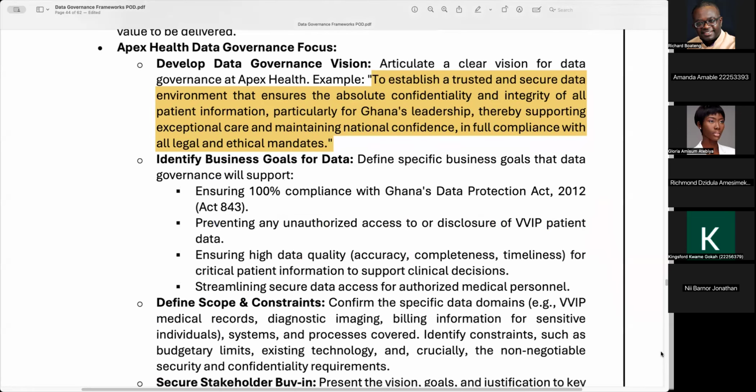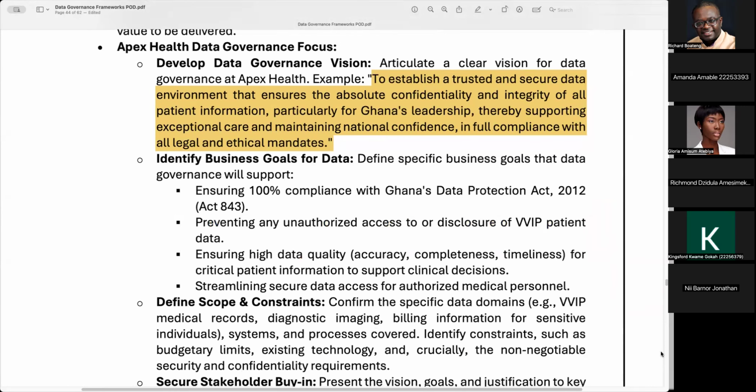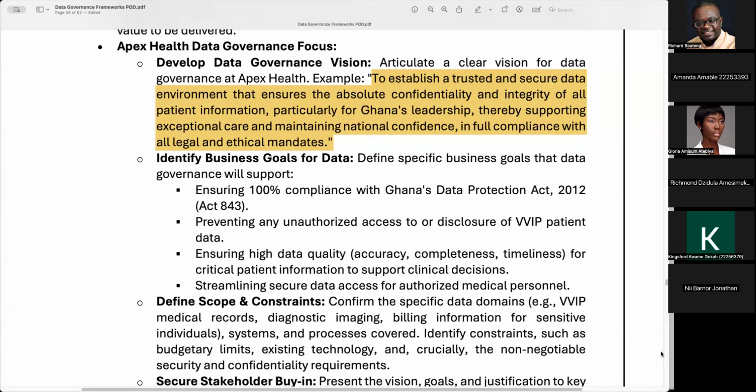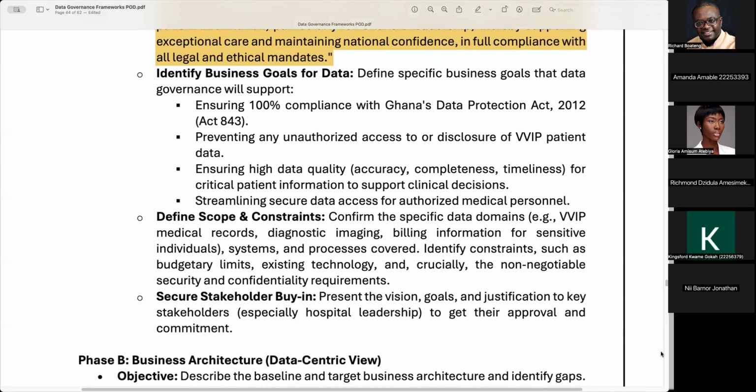They'd identify specific business goals for data that the architecture must support, such as achieving 100% verifiable Act 843 compliance across all systems, preventing any unauthorized VVIP data access or disclosure incidents, ensuring exceptionally high data quality to support critical clinical decisions, and streamlining secure, auditable access for authorized personnel.